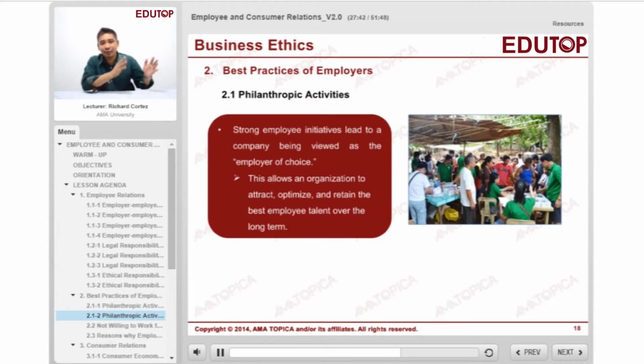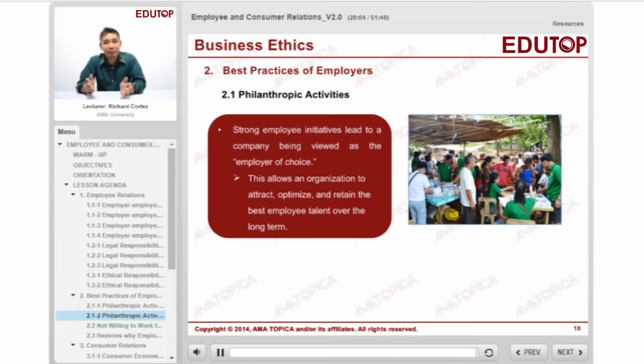If the company takes good care of the people in the community, I assume that the company will always take good care of me and all the employees within the organization. So all employees want to work in a company with good philanthropic activities, for example volunteerism.